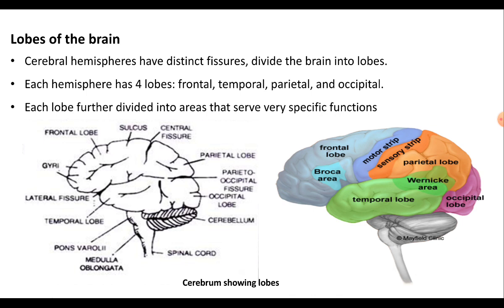Near the frontal bone, it is called the frontal lobe. Near the parietal region of the skull, it is called the parietal lobe. Near the occipital bone of the skull, it is the occipital lobe. Near the temporal region, it is called the temporal lobe. Each lobe of the cerebral hemisphere is further divided into areas that serve very specific functions of the brain.